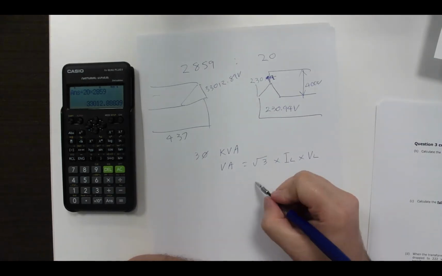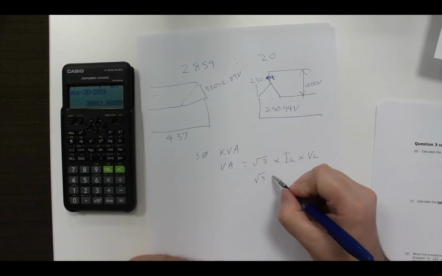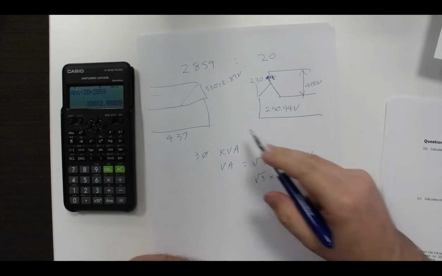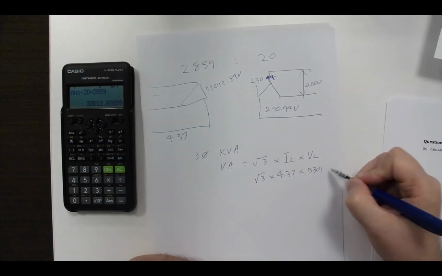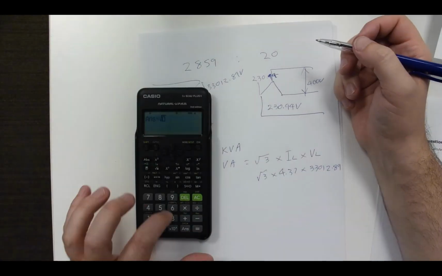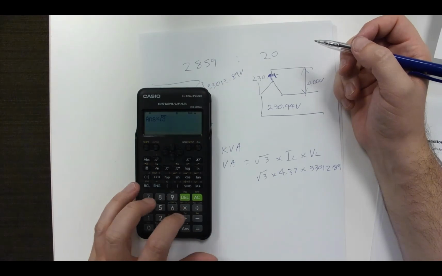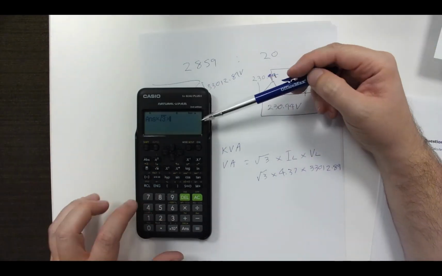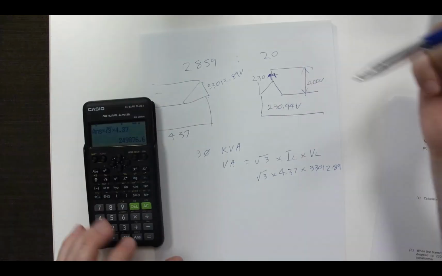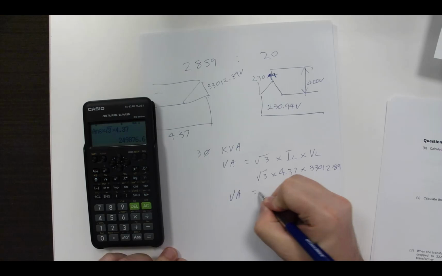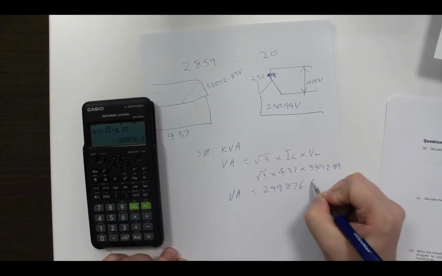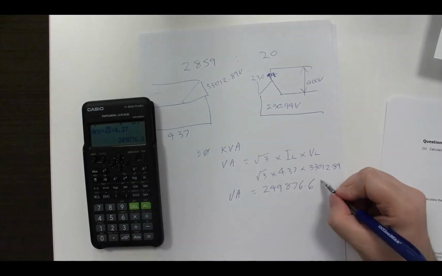In this case, we've got root 3, easy, that's constant, times our I line, 4.37, times our V line, which is 33012.89. That's still in the calculator, so I can just multiply that by root 3, and then times by our 4.37, and we get VA equals 249,876.6 VA.